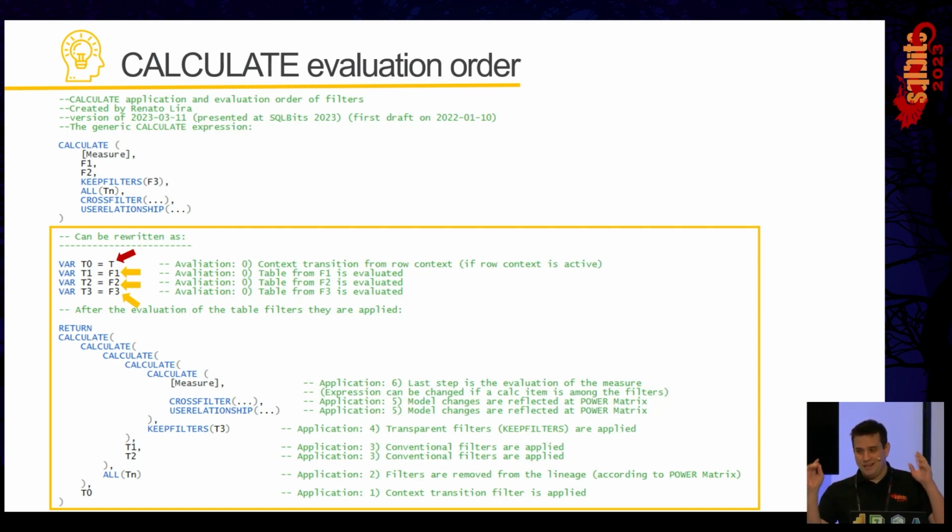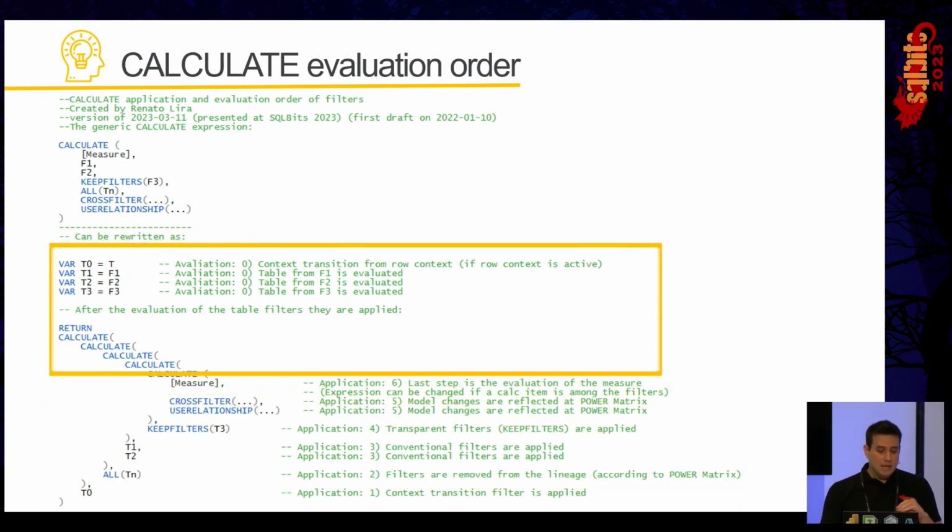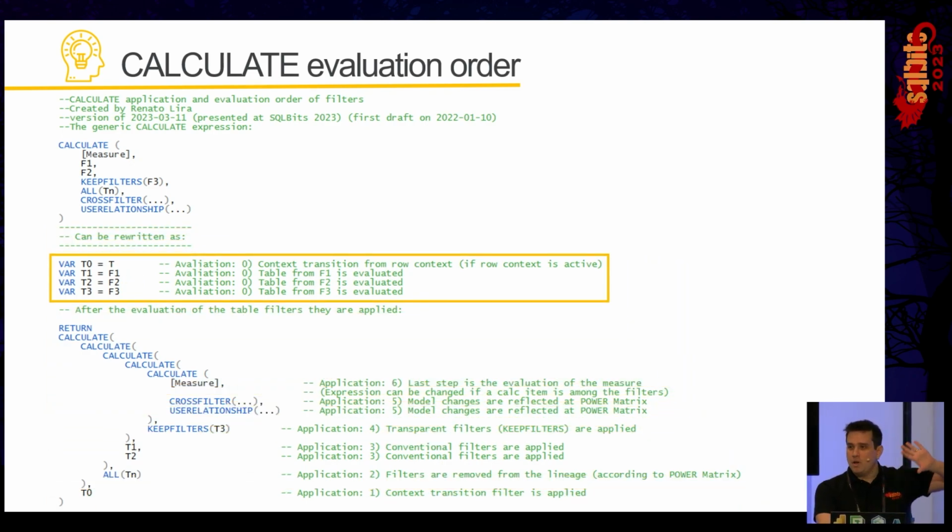And remember, context transition is performed under the expanded version of this table. So the filters are evaluated, the context transition, if existent, is evaluated too, and this first block, those are the filters.